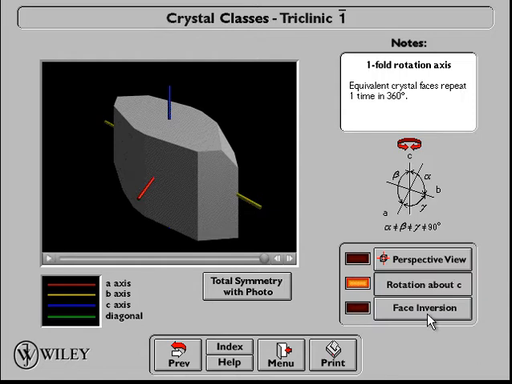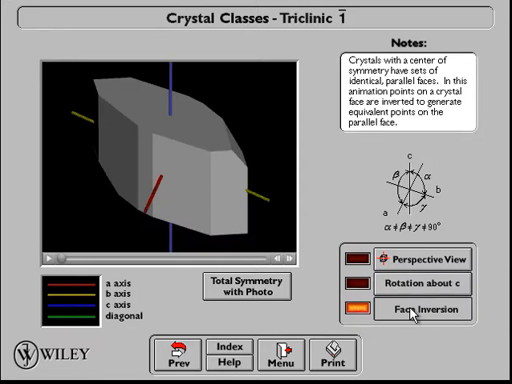So now we are making a face inversion. Crystals with a center of symmetry have sets of identical parallel faces. In this animation, points on a crystal face are inverted to generate equivalent points on the parallel face, and I have shown you this before, how this looks like.